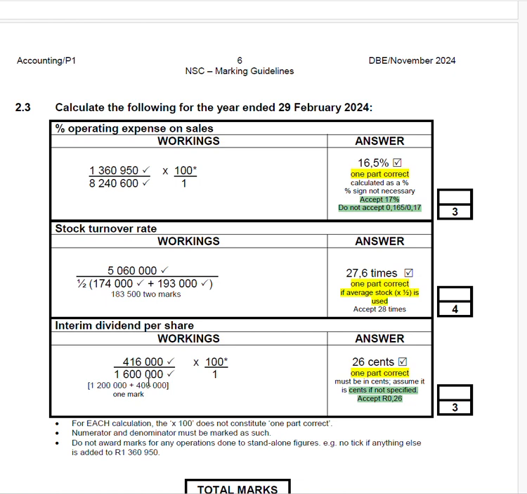Then you added the 400,000 which was issued during the year. Then you have 1.6 million. When you divide 416,000 by 1.6 million and multiply by 100, you get 26 cents. The examiner said if you bring in 0.26, you're still going to get a mark, the benefit of the doubt. But you should always make your dividends per share be in cents. That is the recommended way of calculating dividends per share.